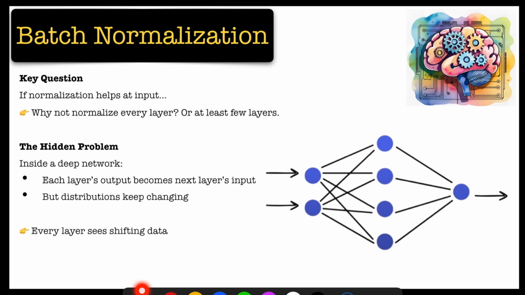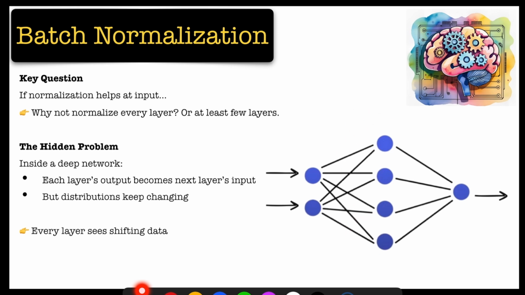Because every time we are doing gradient descent and back propagation, we calculate the loss and update the weights. Every time these weights are getting updated, the previous layer's output is also changing, so the next layer's input is also changing.